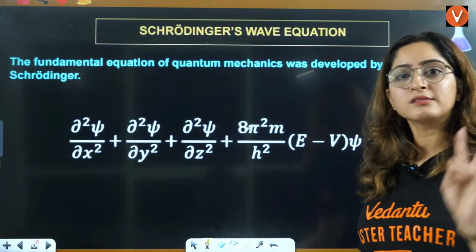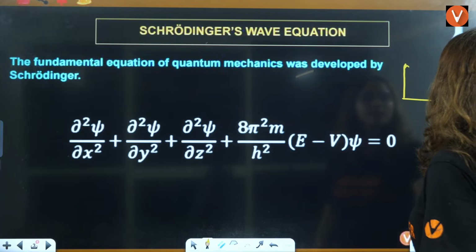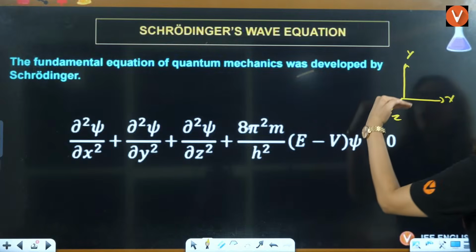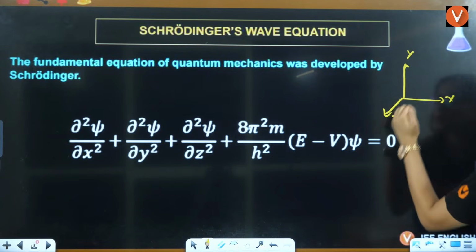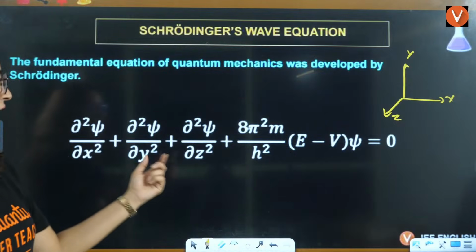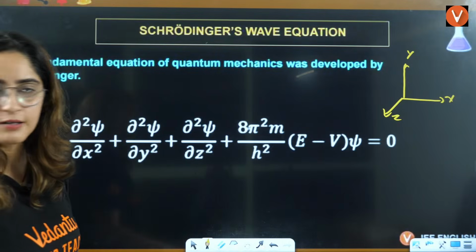We know that there are three coordinates: the x-axis, the y-axis, and the z-axis. So how it is differentiated along the x-axis, y-axis, and z-axis is represented by these terms.